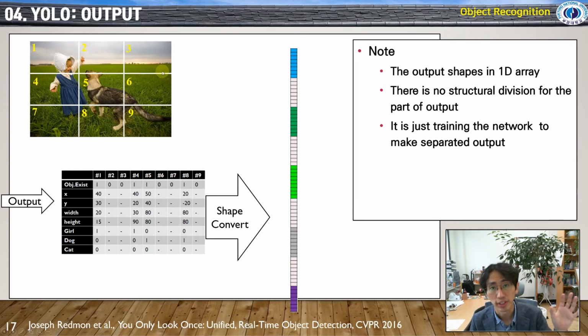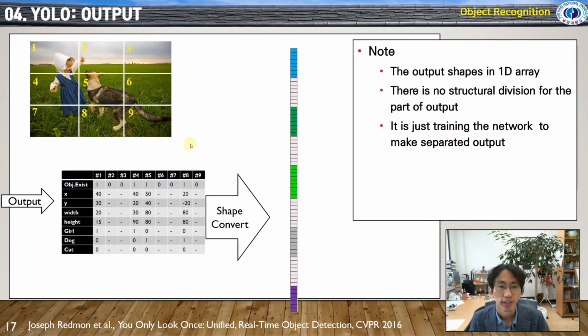So the whole image is put into the network, and the output is a one-dimensional long array. Do you understand? There is no structural division for parts of the input and parts of the output. So we are just training the network to make a separated output.